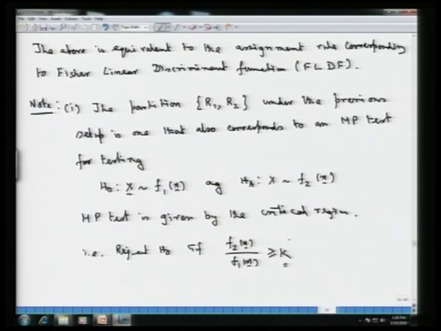So, the classification problem which partitions the sample space into R1 and R2, corresponding to the expected cost of misclassification minimizing rule, is what is giving us a most powerful test at a fixed size.